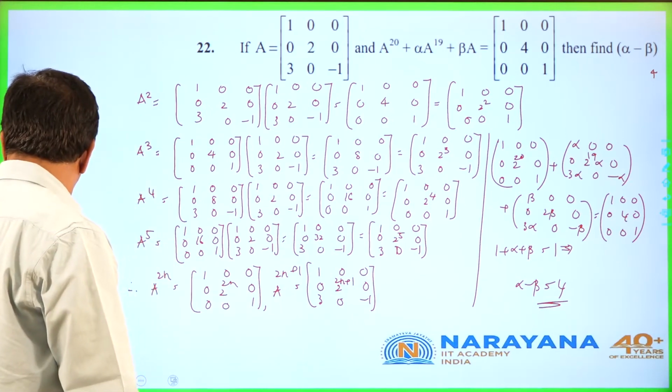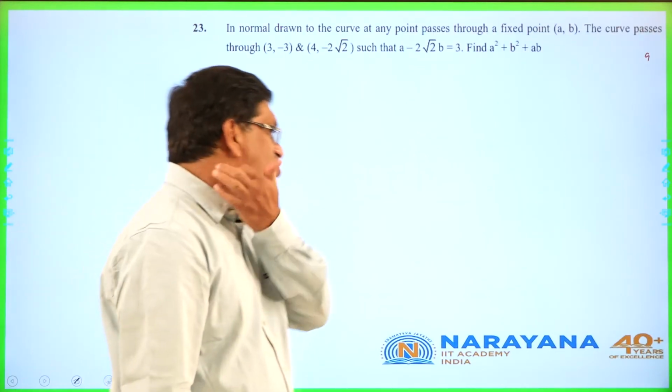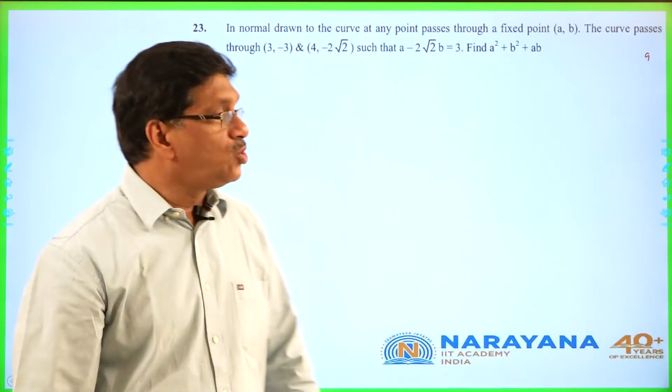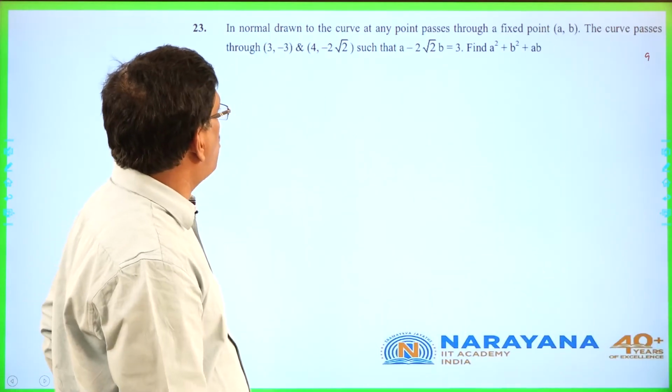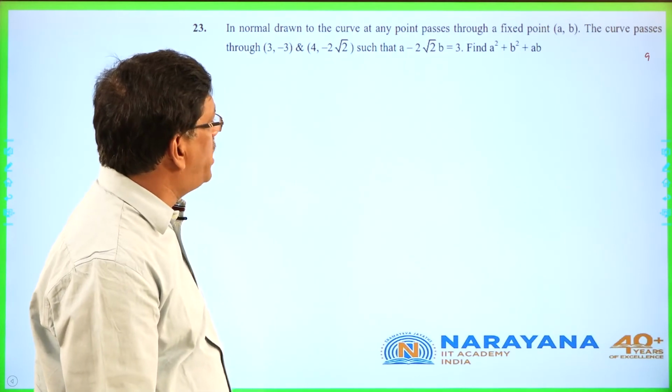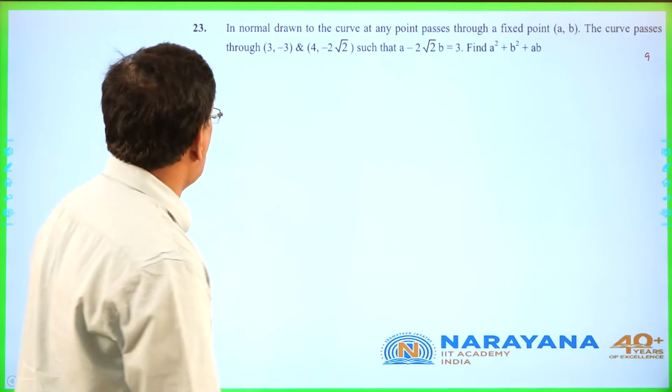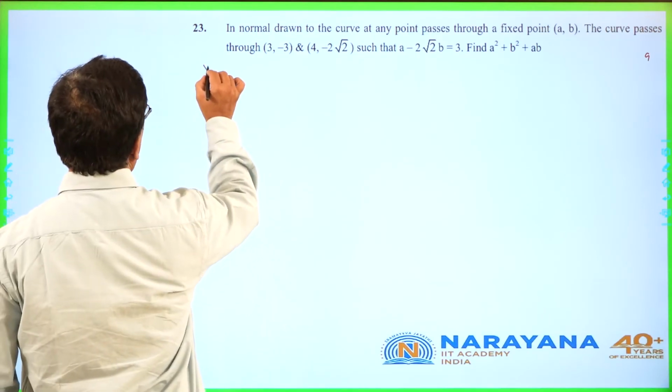Let us go to the next question, 23. This is also a bit lengthy question only. So the question goes like this. A normal drawn to a curve at any point passes through a fixed point. So what is the equation of normal?